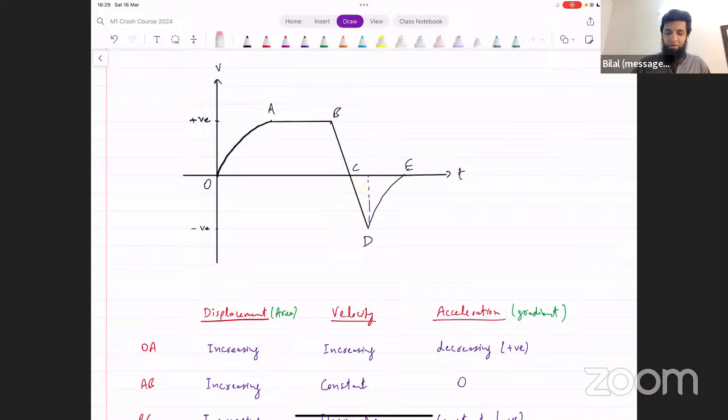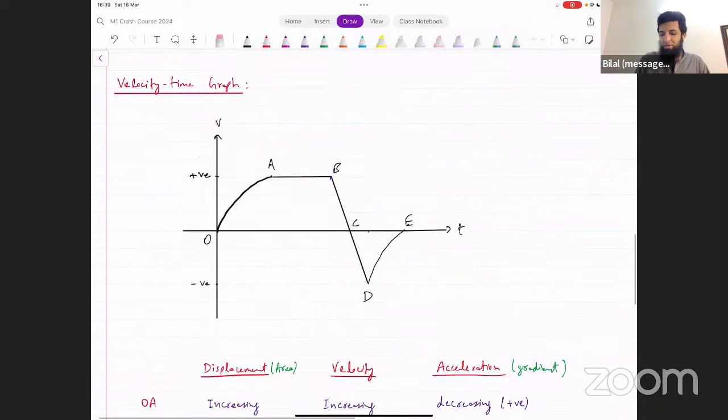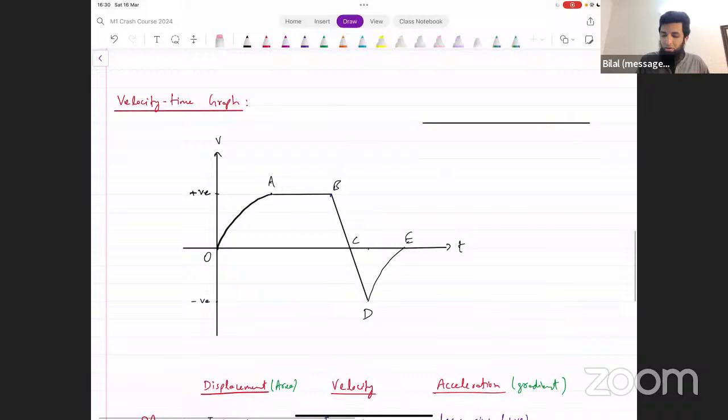Remember, we also talked about this. Velocity is what tells you the direction of motion. So in this part of the graph, where the graph is above the horizontal axis, the particle is moving in one direction, the positive direction. And then when the graph goes below the horizontal axis, the particle starts moving in the opposite direction. So the journey of the particle is going to look like this: it goes from O to C to the right side.